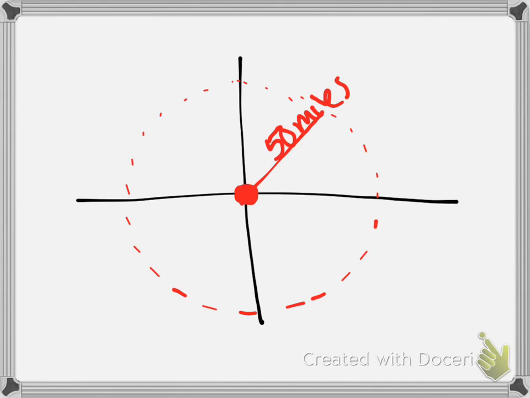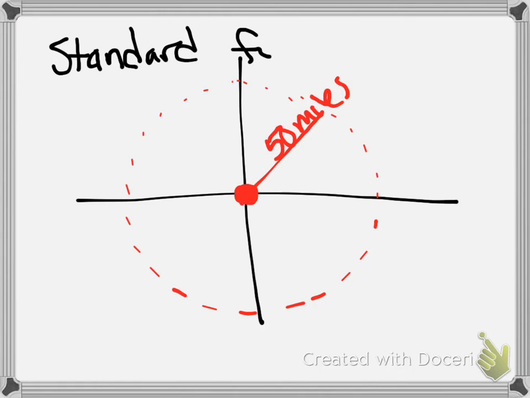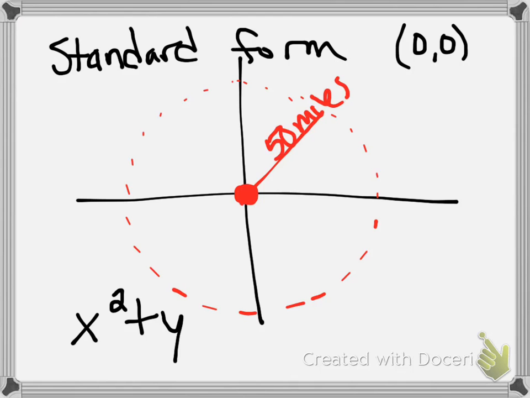If you have a circular shape that is centered around the origin, there is a standard form for a circle, and I'll write that out. Standard form of a circle, if it's around 0, 0, is going to be x squared plus y squared equals r squared.